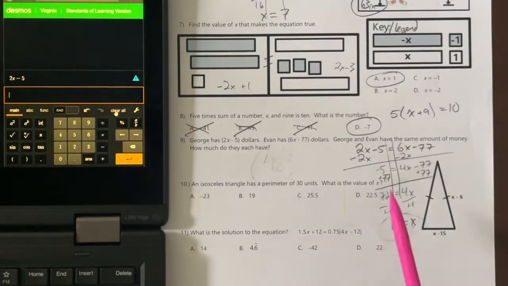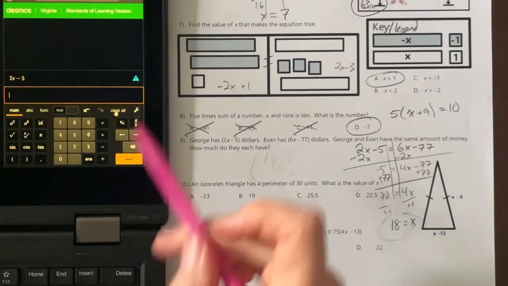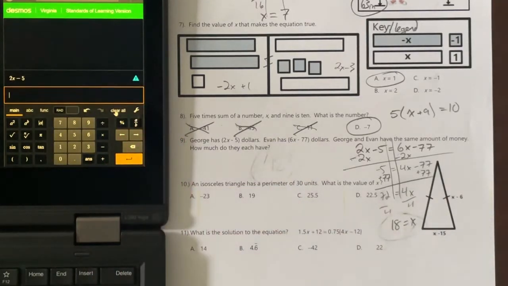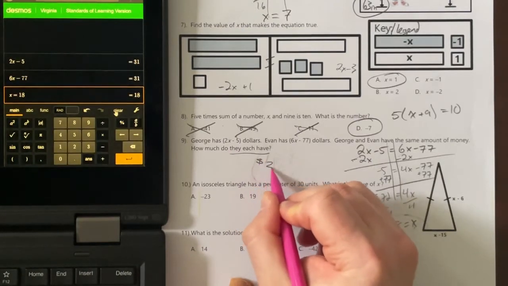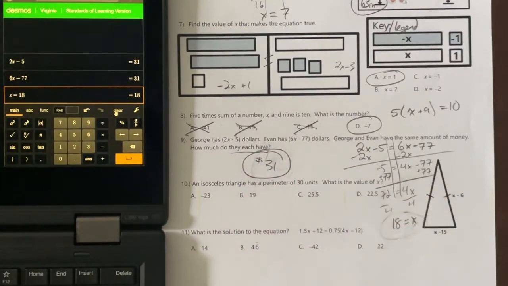However, we're saying, okay, how much do each of them have? So we're trying to say, what are these two values? So we have 6x minus 77. And we found out x is equal to 18. However, each of them have $31. Make sure that you are careful on that one. This is $31.